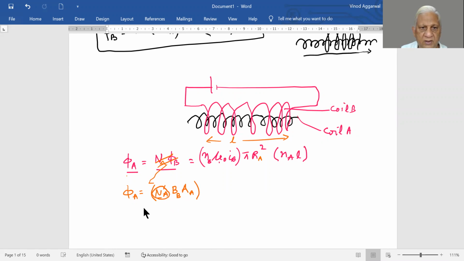Now this factor becomes this factor. The total number of turns is equal to the number of turns per unit length into its own length. This magnetic field is the same as coil B's magnetic field, and the area is of its own coil.